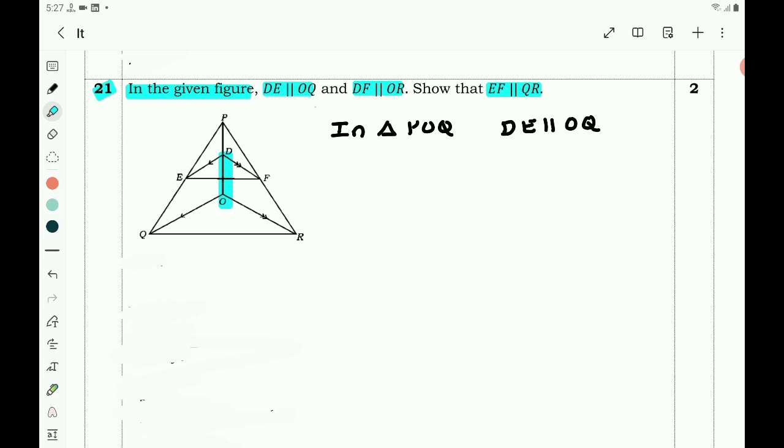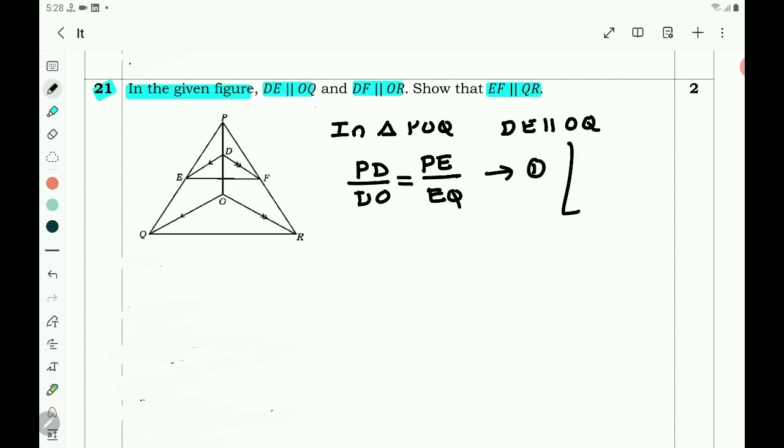So you write PD by DO equals PE by EQ. Consider this is the first one.